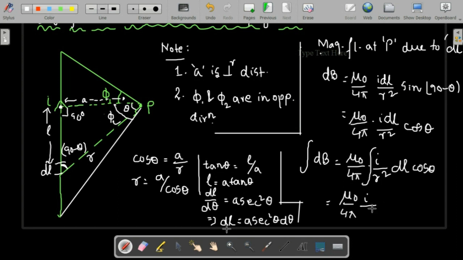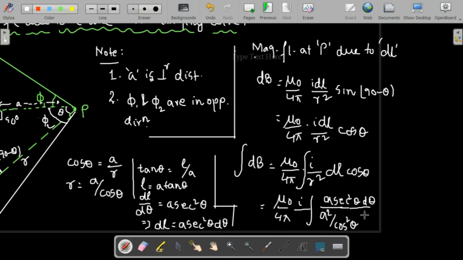Let me write it down first here, and then maybe we can take it out. 1 divided by r square, so r square is a square divided by cos square theta, into dl. Dl is on top, so we can replace dl with a sec square theta d theta.